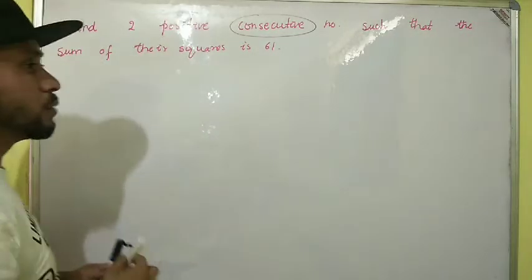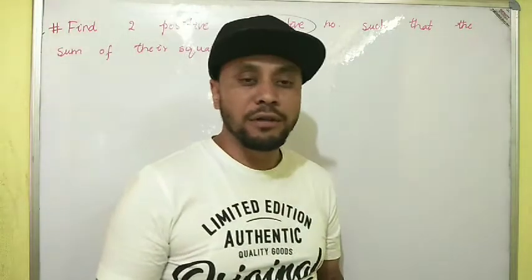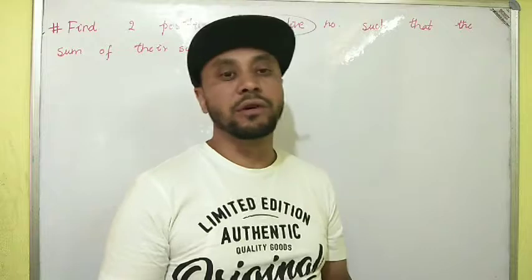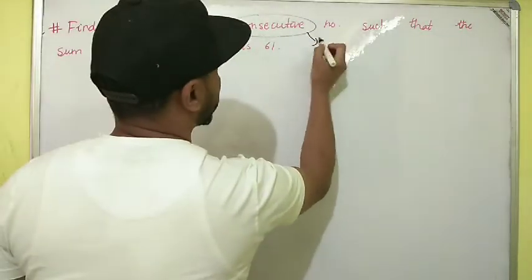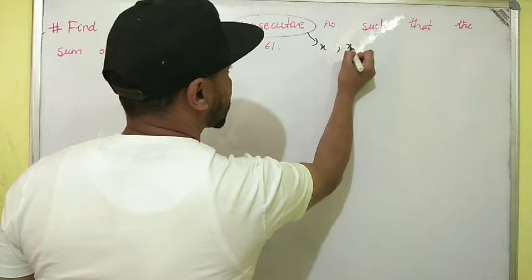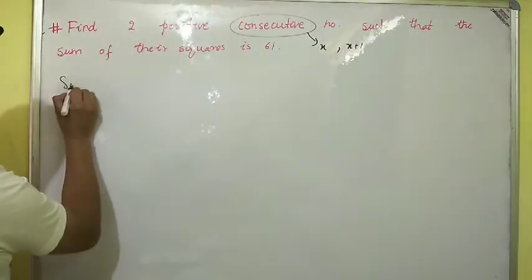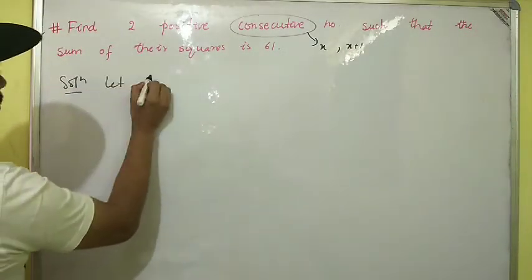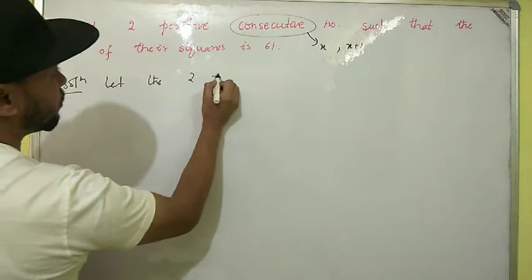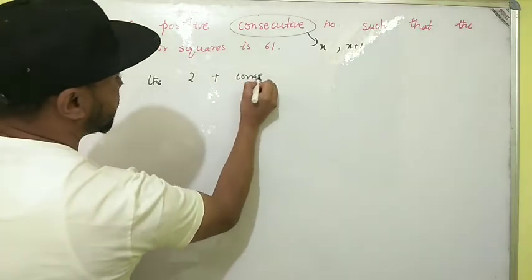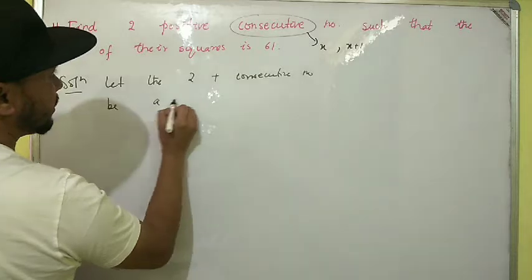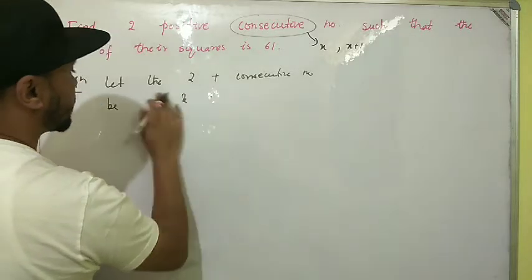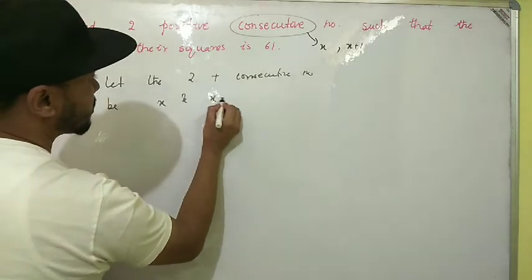In the second video we have discussed what values we have to assume if it is consecutive or if it is even consecutive. So if it is consecutive, then we have to assume the numbers as x and x plus 1. So solution: let the two positive consecutive numbers be x and x plus 1.